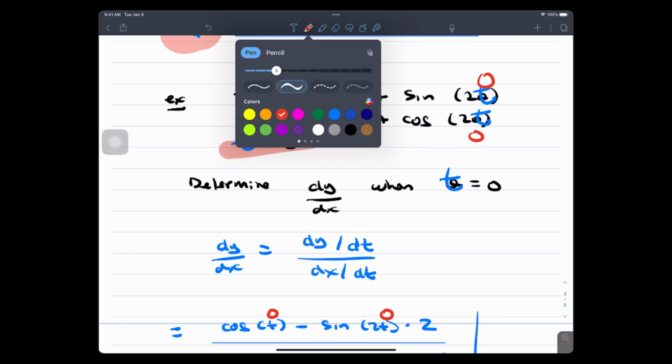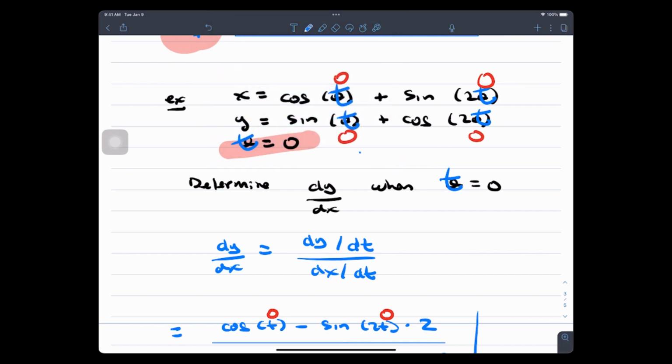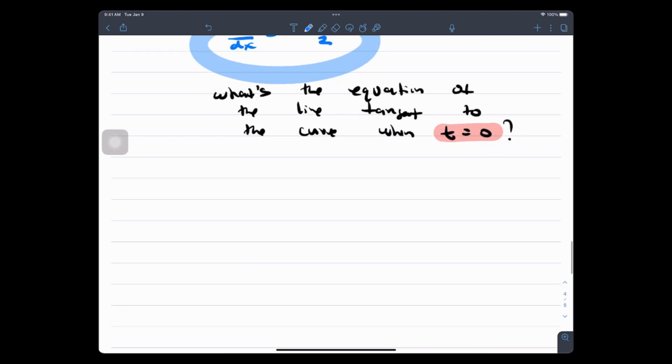Let's see, what's your x coordinate when t is 0, right? X will equal cosine of 0, which is 1, and then sine of 0 is 0, because 2 times 0 is 0. So x is 1, and then what will y be? Sine of 0 is 0, plus cosine of 0 is 1, so it's 1, 1. Is that right? Did you guys see my point? Those are your x and y values. Just plug in t being 0. So they're really saying the point is 1, 1.